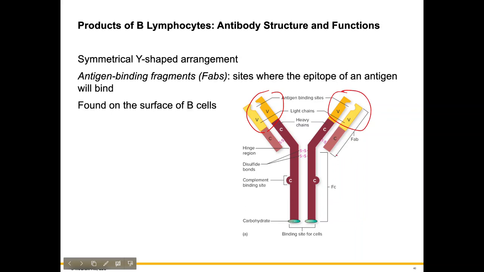They have constant regions down here. And this variable region is where the antigen binding site is, the location where the epitope of an antigen will bind, and it is found on the surface of B cells, also excreted by B cells. Specifically, those B cells are called plasma cells.